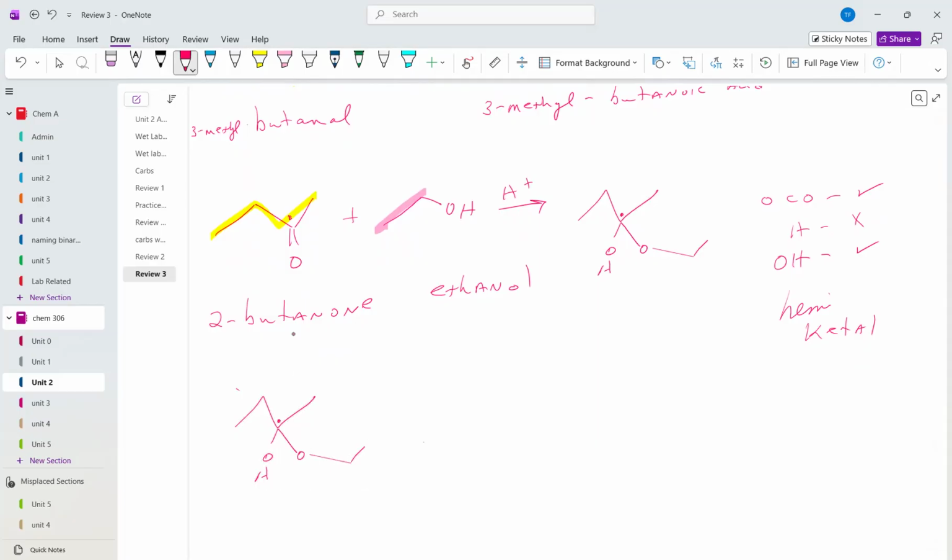Okay, so now we're going to add another ethanol.